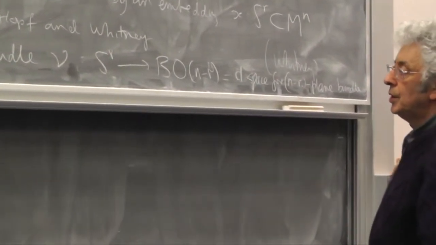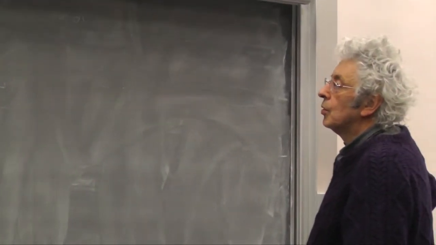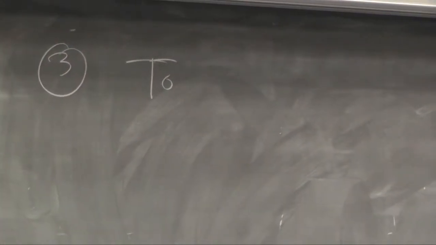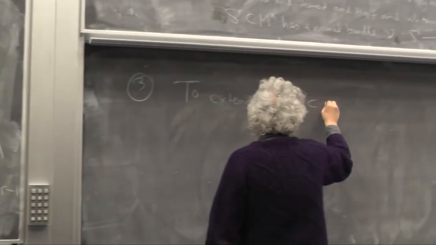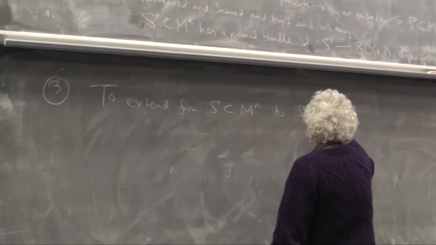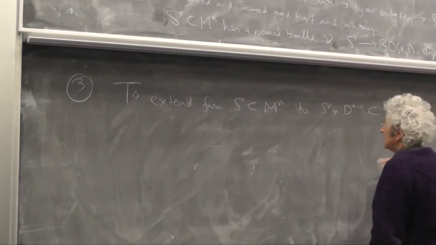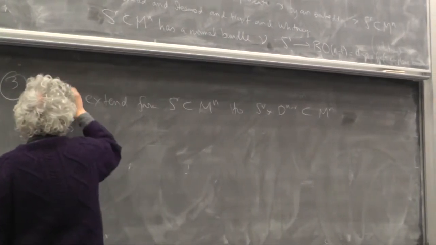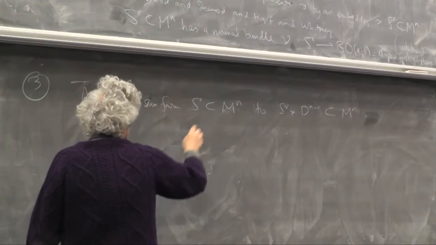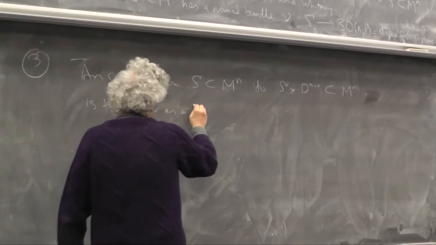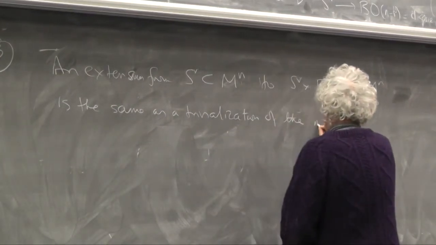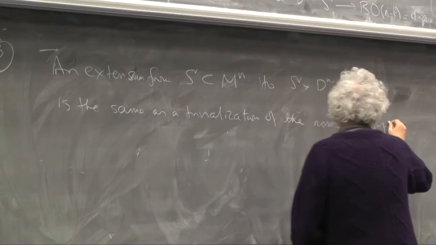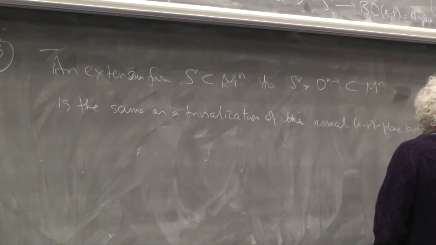And in order to do surgery, we need this bundle ν to be trivial. To extend, so the problem was to extend this, from the thing given by the embedding theorem to an actual embedding of S^r × D^(n-r), an extension is the same as a trivialization of the normal (n-r)-plane bundle ν.